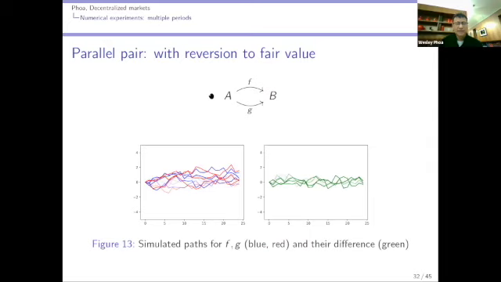If you, in addition, add reversion to fair value, then you move around less on the left-hand side and you're similarly constrained on the right by low arbitrage.